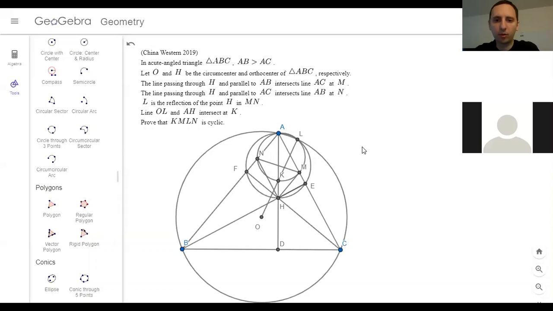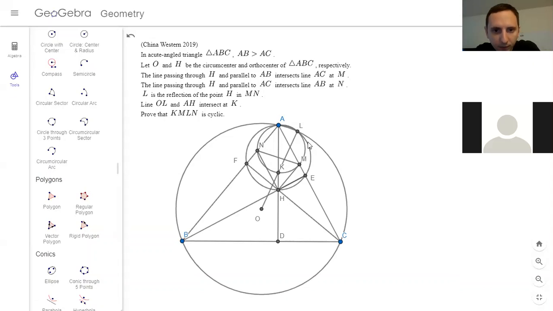All right, so I think removing O and trying to prove that KL is a diameter is better. Yeah, I think that also makes sense. So basically we want to show, so ANHM, yeah, ANHM is a parallelogram.